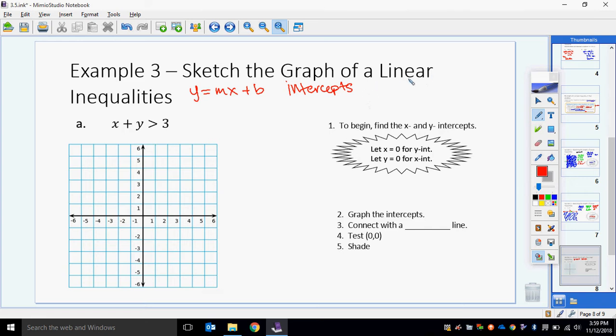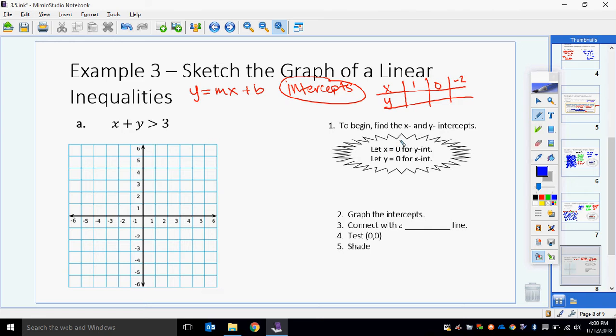Another way to graph is to fill in one of those t-charts, and you figure out what y is. For this method, I think I'm going to use intercepts. So let's find the x and y intercepts.